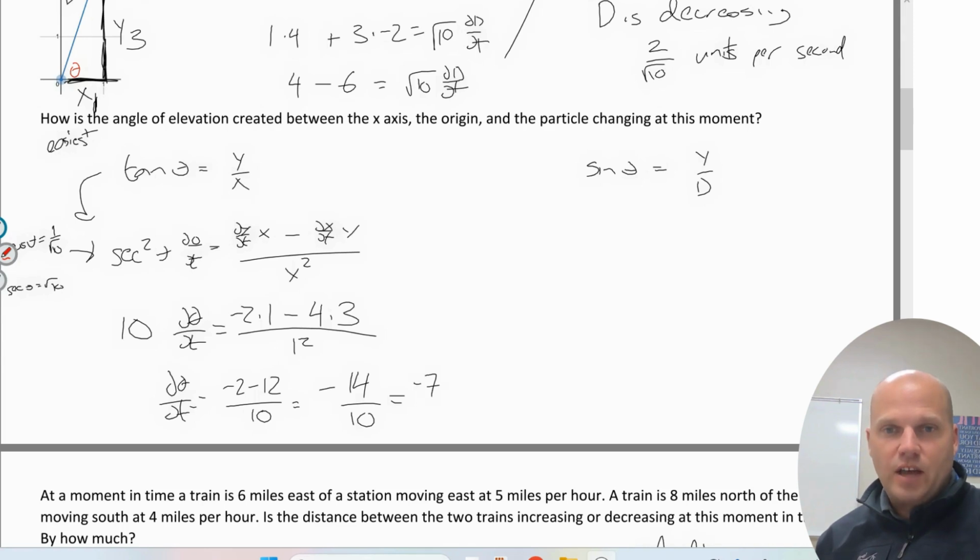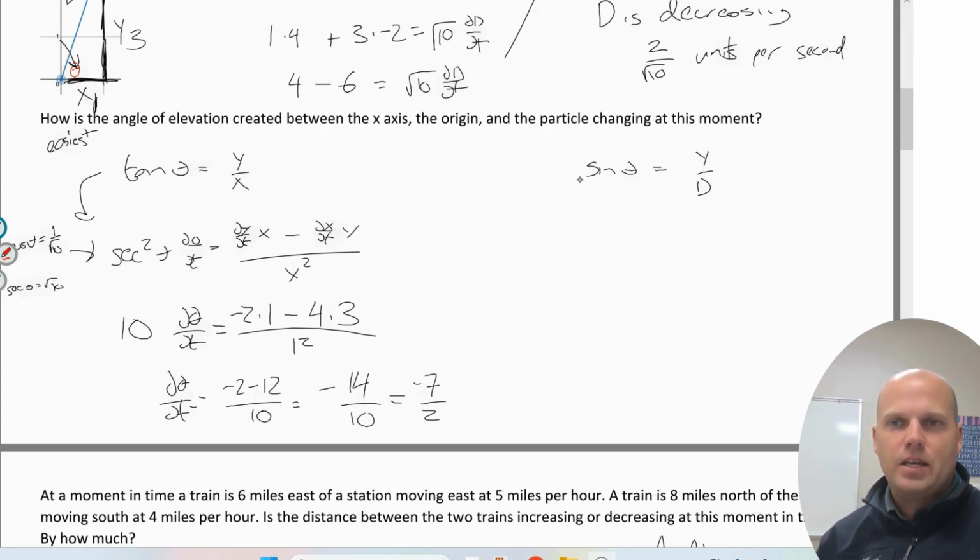Which is -7/2 or -3.5. My angle is decreasing as my particle is moving down and to the right. At this moment, the angle between the x-axis, the origin, and the particle will be decreasing. Makes sense, and it's cool that we got that answer.